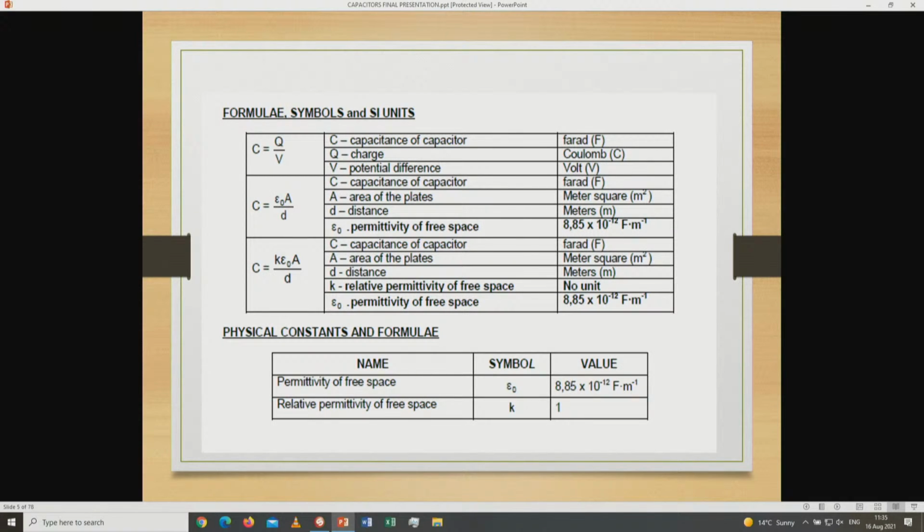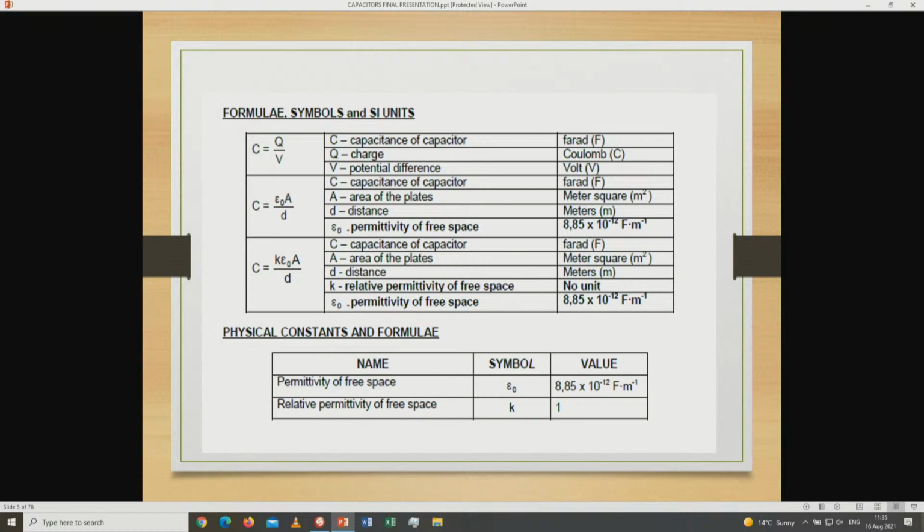Now let us look at formulas that we are going to be using in the calculations. The first formula is C equals Q over V. As I indicated, C stands for capacitance of a capacitor, Q a charge, and capacitance is calculated in farad.